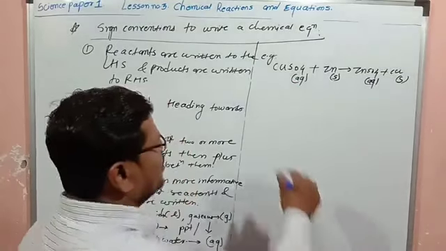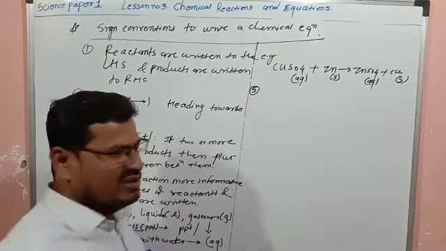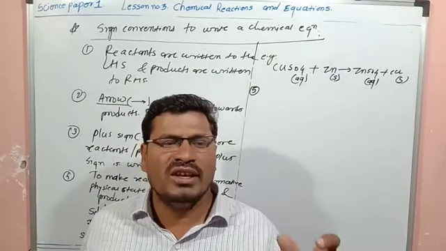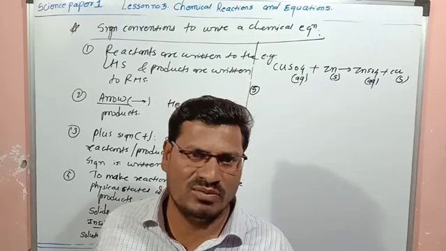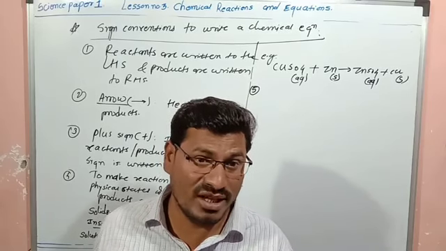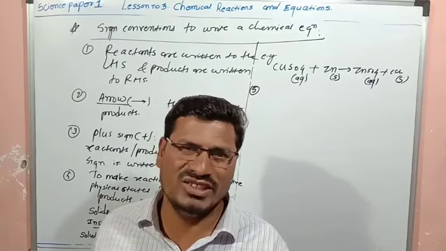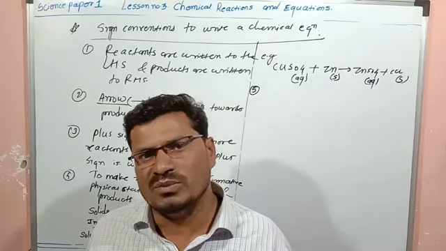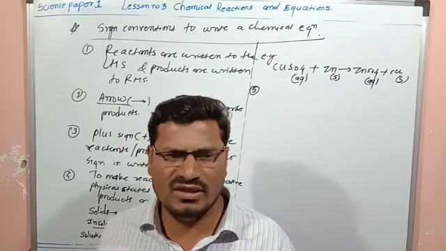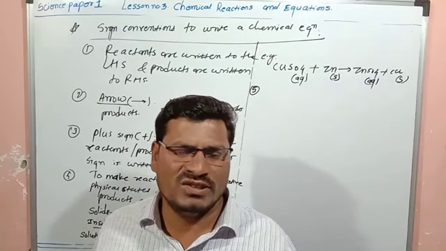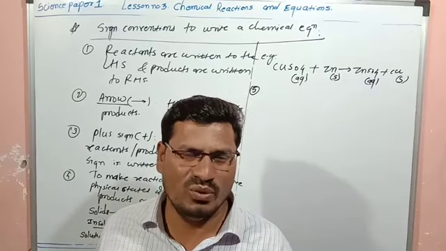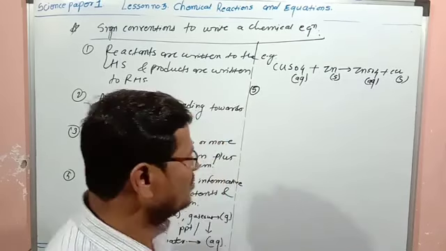Now the fifth point we are going to learn. Suppose heat is supplied from the outside for the chemical reaction, to carry out that reaction. How and where to write that heat, we have to study.